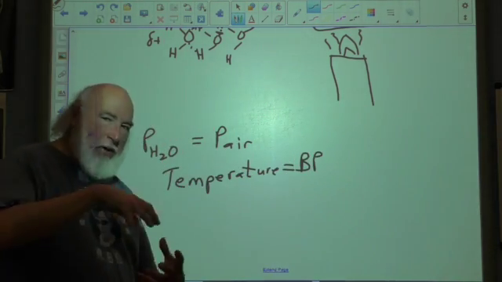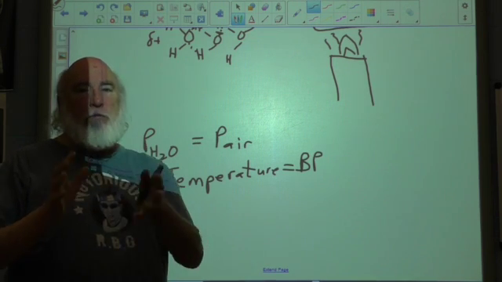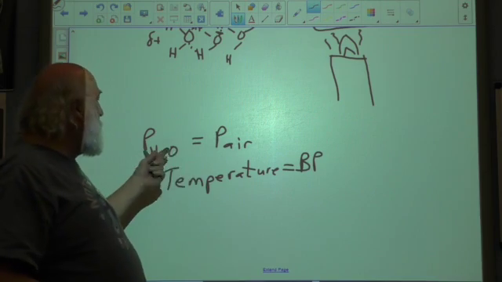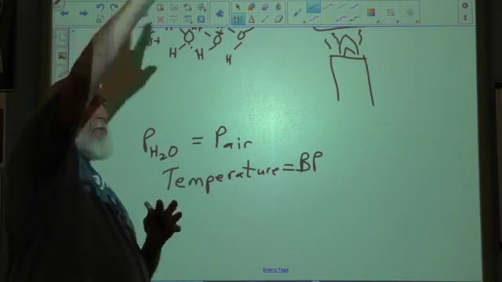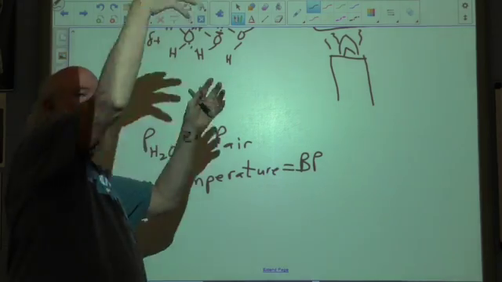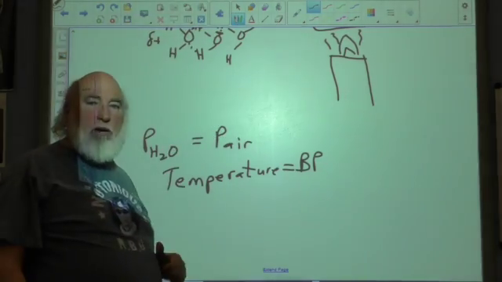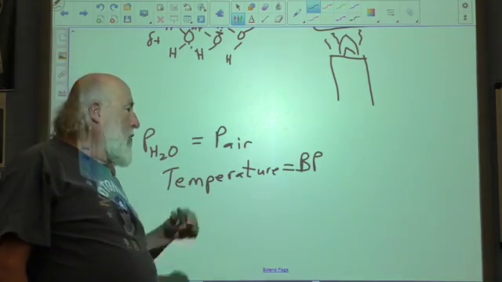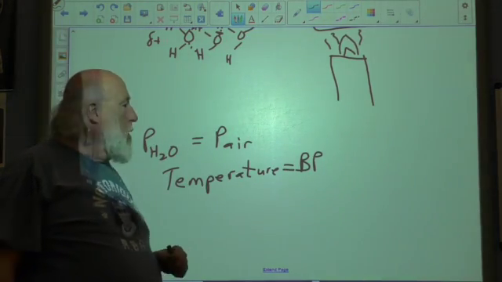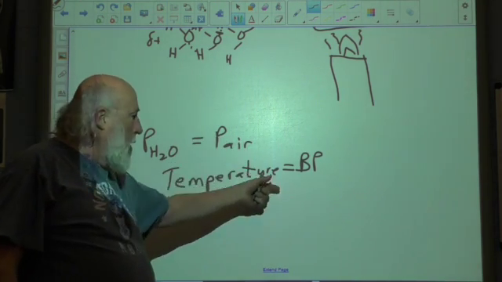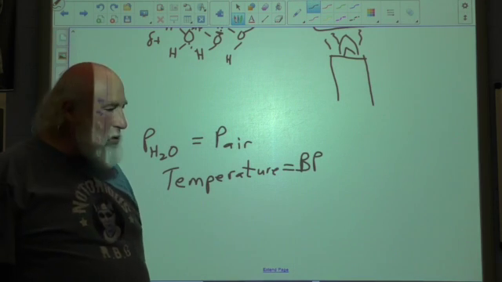It's not because you get a bunch of little bubbles, that is symptomatic of the heat that you're adding to this, but it's the fact that you get to this point right here where the amount of pressure being exerted by the water vapor coming off is the same as the pressure of the atmosphere smacking down the water vapor back towards the liquid area. So this is vapor pressure, and when it equals air pressure, we have the boiling point.